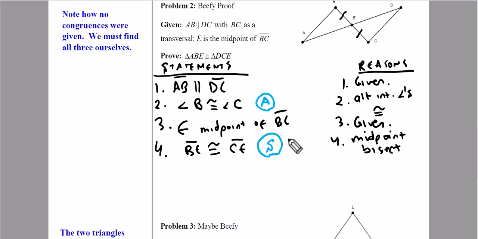Okay, so at this point we are looking at either the SAS, the ASA, or the AAS. Well, look at this. So we know already that angle B is congruent to angle C, great. Vertical angles, vertical angles.